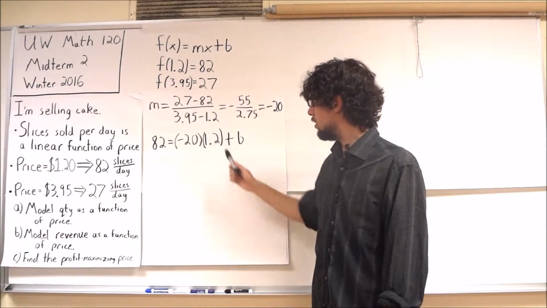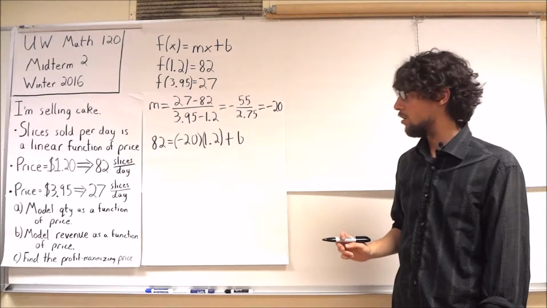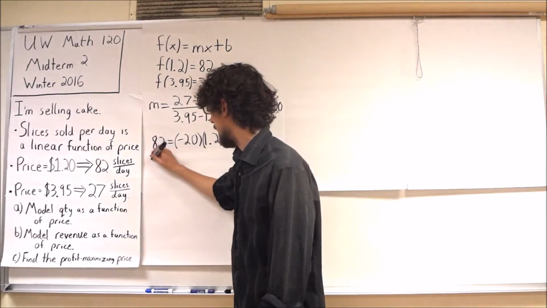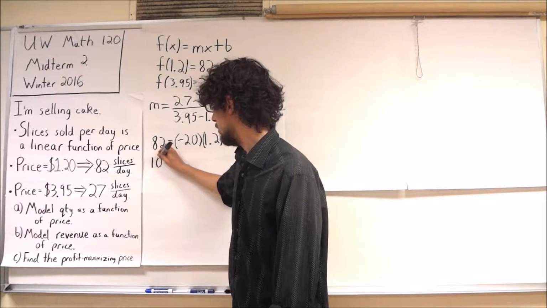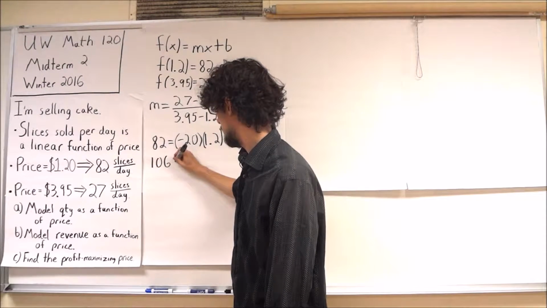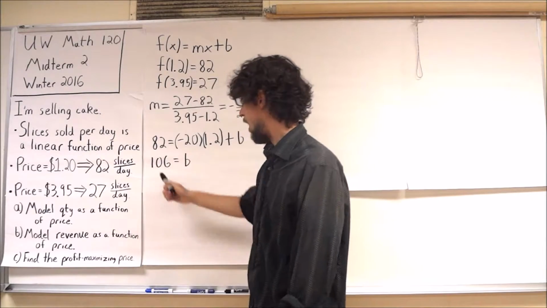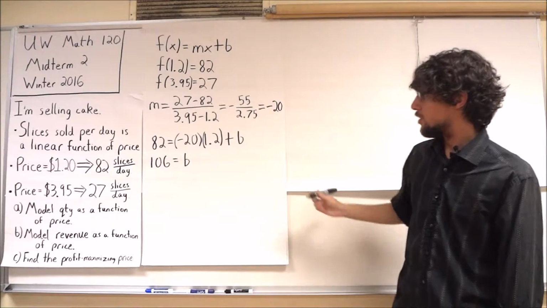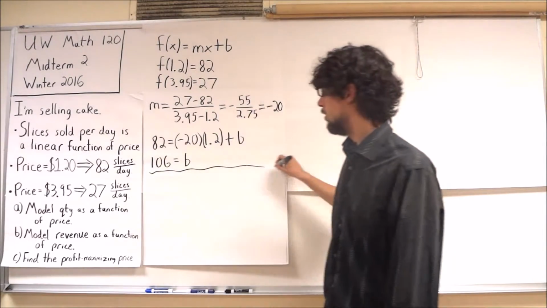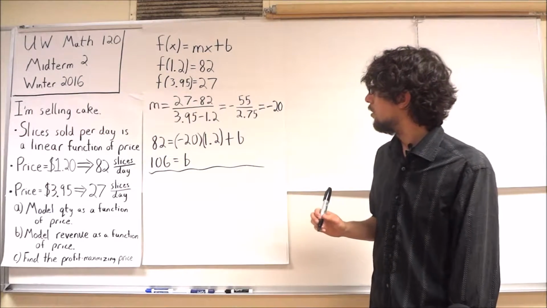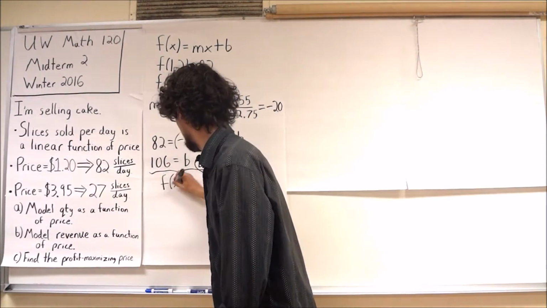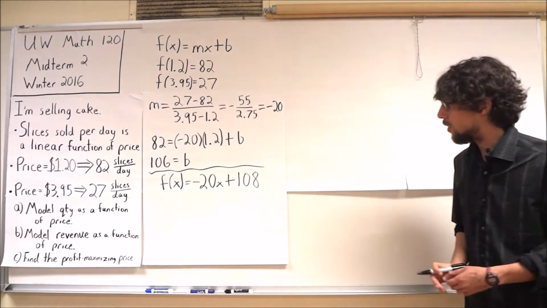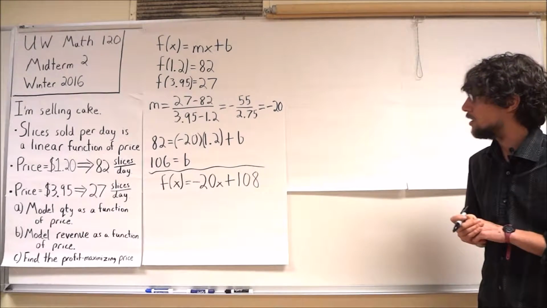This is going to be negative 24. So adding 24 to both sides, we get that 106 is equal to b. So this should give us our linear model. F of x is negative 20x plus 106.